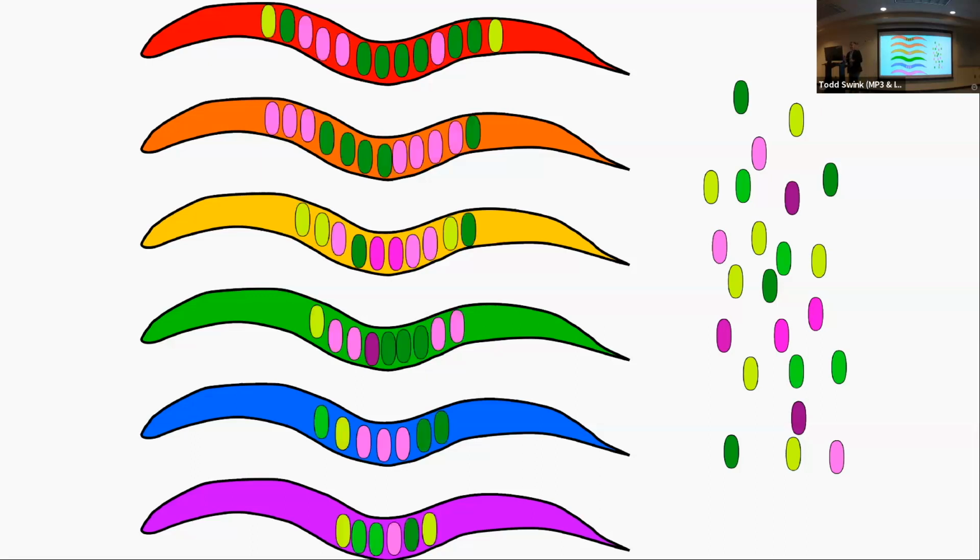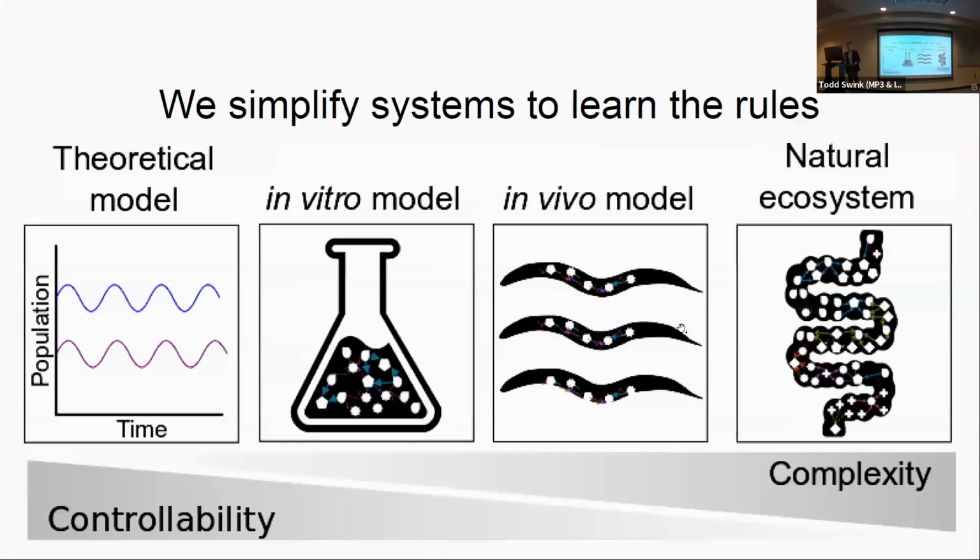Now it's starting to get complicated. And then this is the data we actually get. We have the community composition in individuals. We have the difference in community size between individuals. And we need to try to dissect out what are the sources of variation that are contributing to the patterns that we observe. And this is where that tractability really comes in.